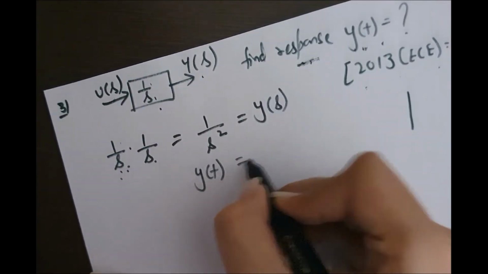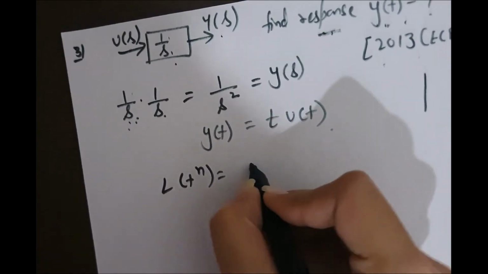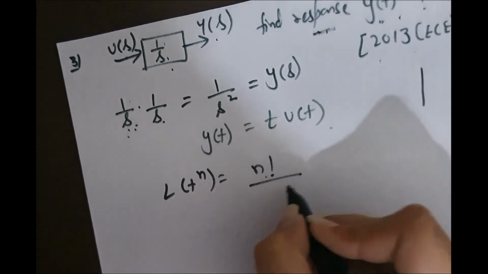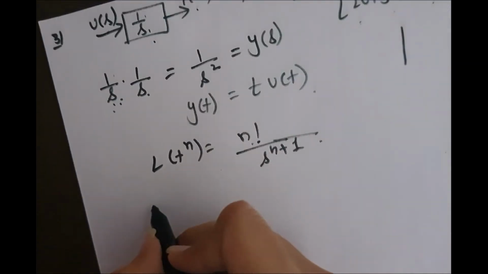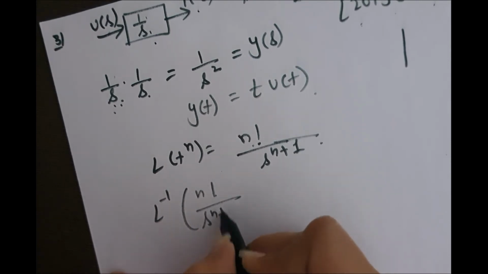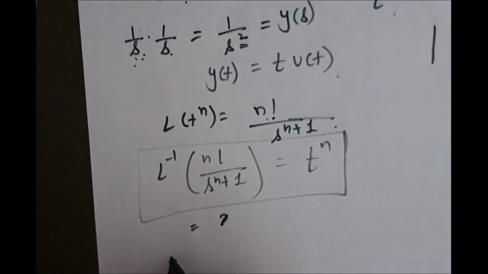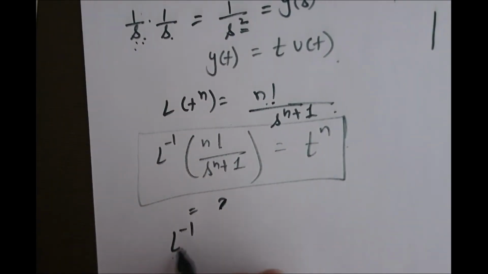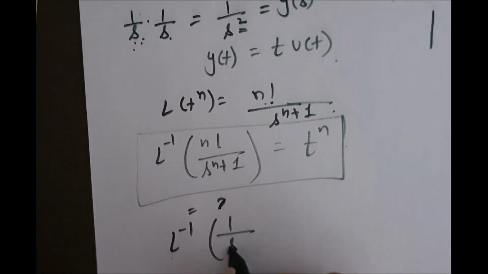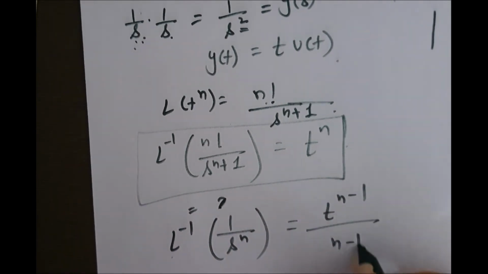y(t) will be t u(t). Laplace of t^n is n factorial upon s^(n+1). Laplace inverse of n factorial upon s^(n+1) will be t^n. Or you can understand it as Laplace inverse of 1 upon s^n will be t^(n-1) upon (n-1) factorial.